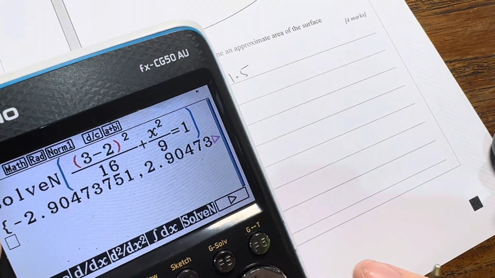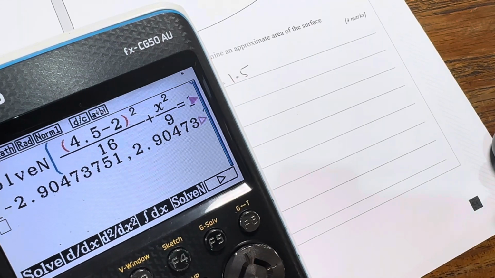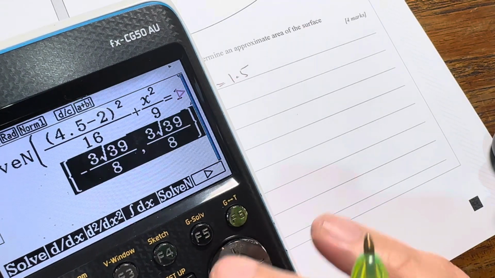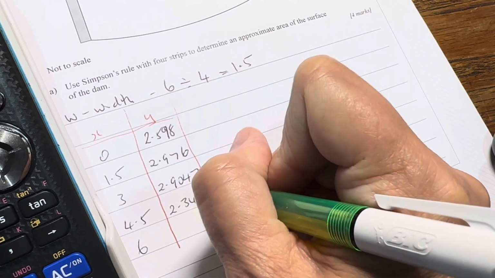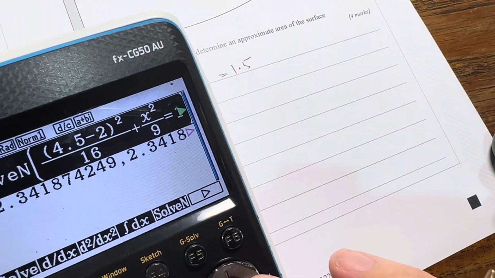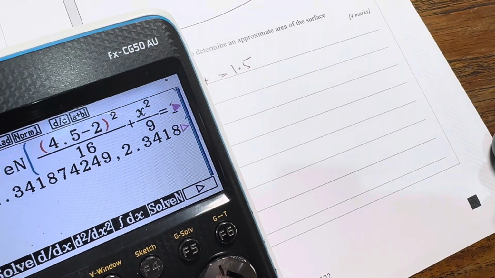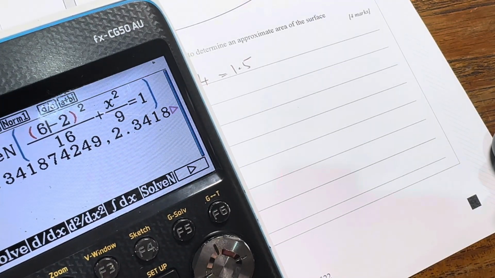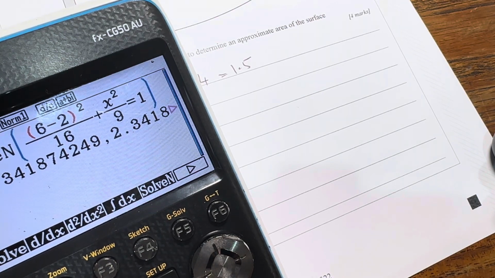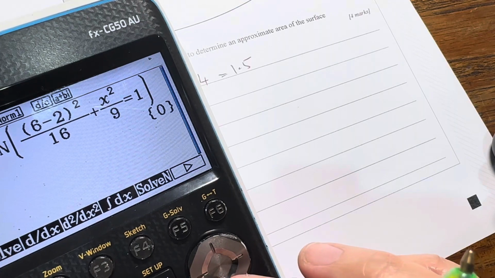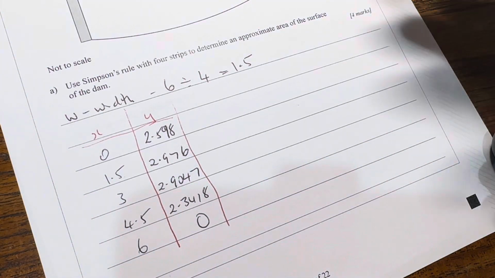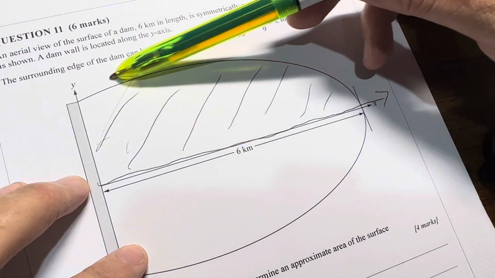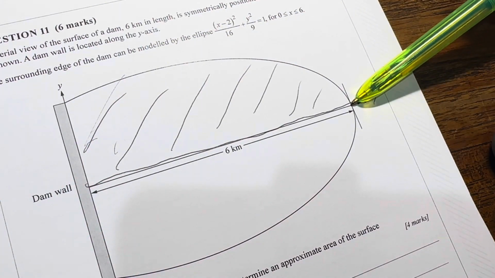Then I'll go up, delete, put in 4.5, exit, 2.3418. And then of course my last one is 6. Exit, and it gives me 0. Which makes sense, because looking at this, as my curve comes over at 6, it hits the 0.